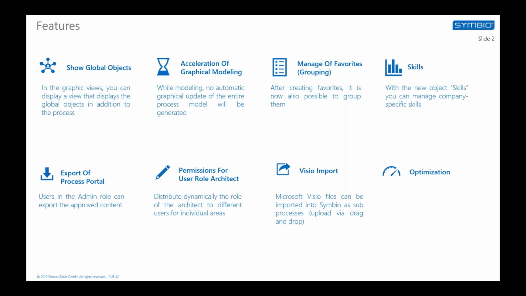Also, we have here a new feature. We call it the permissions for the user role architect. So that means that we distribute the competencies of the role architect to different users for individual areas, meaning we flexibly add more competencies to the author, as the author can now be authorized to create, update, or even approve or delete main processes, but however, just in their area of responsibility, obviously.